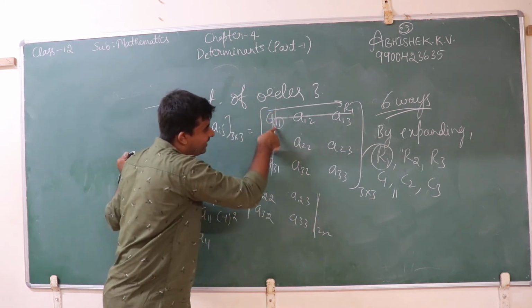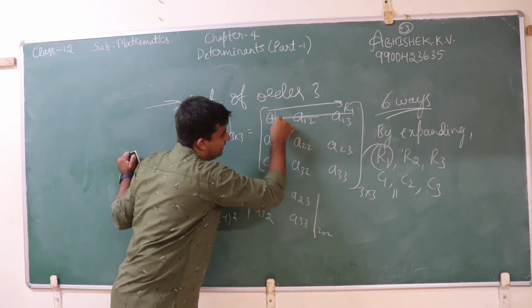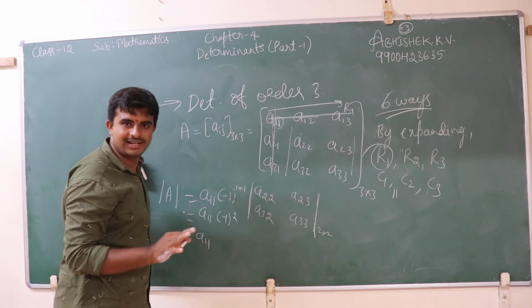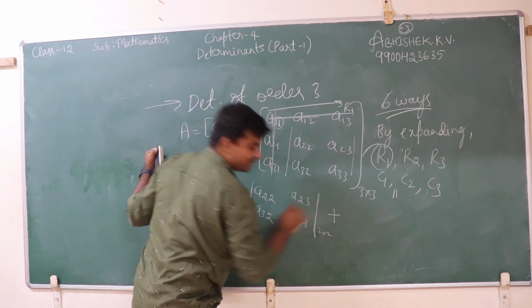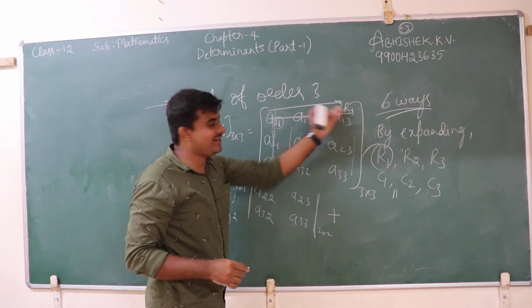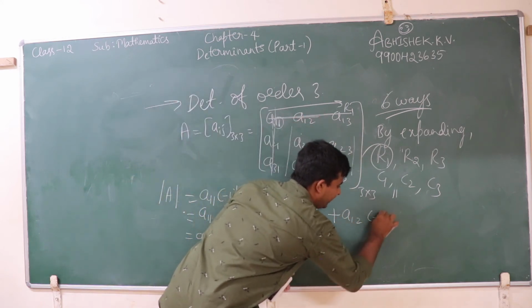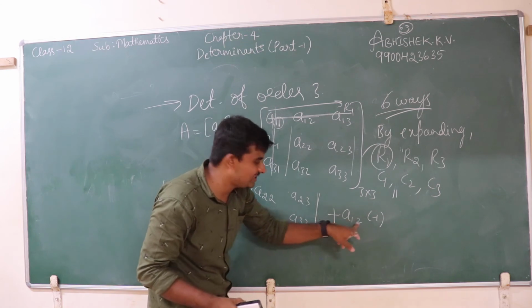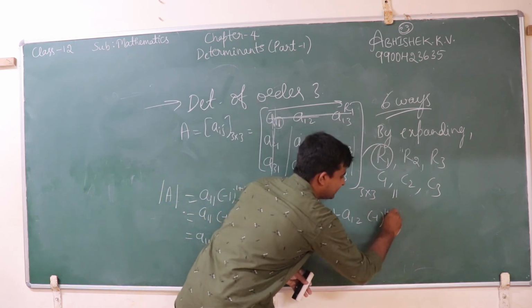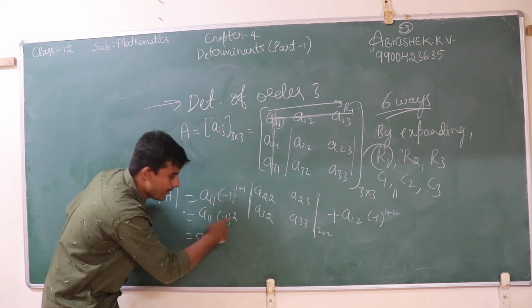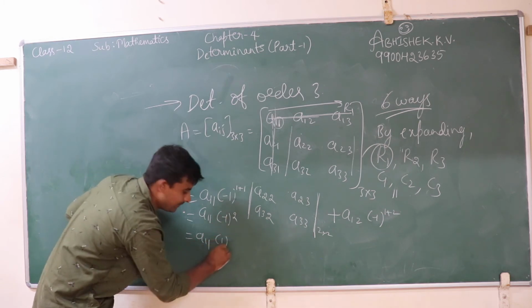By deleting the first row and first column, we are remaining with this. Clear? Then plus, what is the next element in R1? A12, minus 1 to the power of the sum of its suffix, that is 1 plus 2.